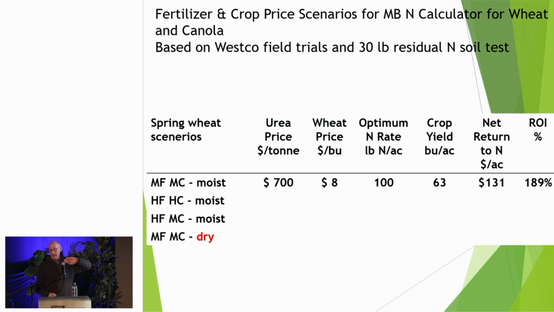So any more nitrogen that I spend costs me more than I'm gaining. But overall, the return to nitrogen is 131. Or if I calculate an ROI, which, if you haven't figured out by now, I think is kind of a useless number, it gives me 189, whatever that is.